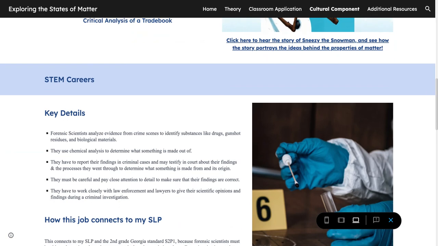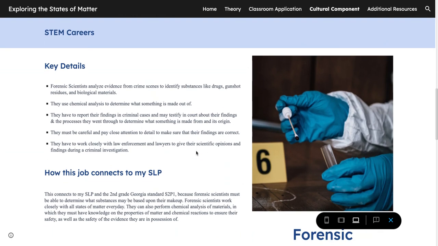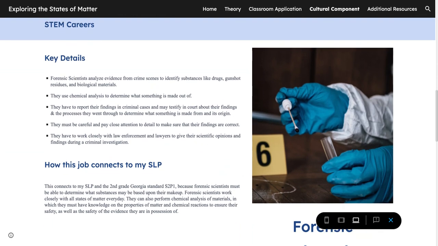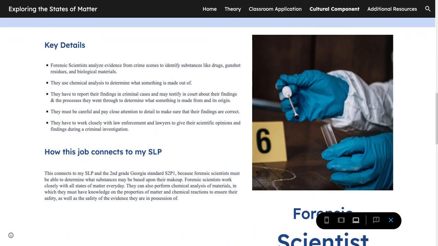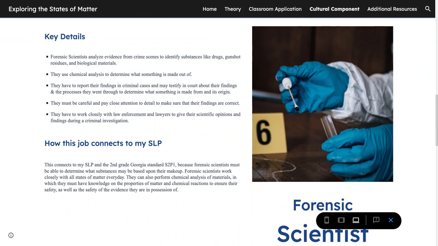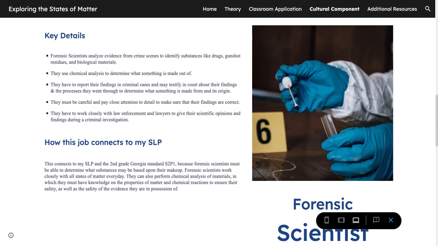And then next is the STEM careers that I looked at for exploring states of matter. I tried to choose STEM careers that I had some experience with. And so my cousin actually was going to school to be a forensic scientist, and I always thought that would be a cool job to have. And so I thought, why not look at that for my SLP?